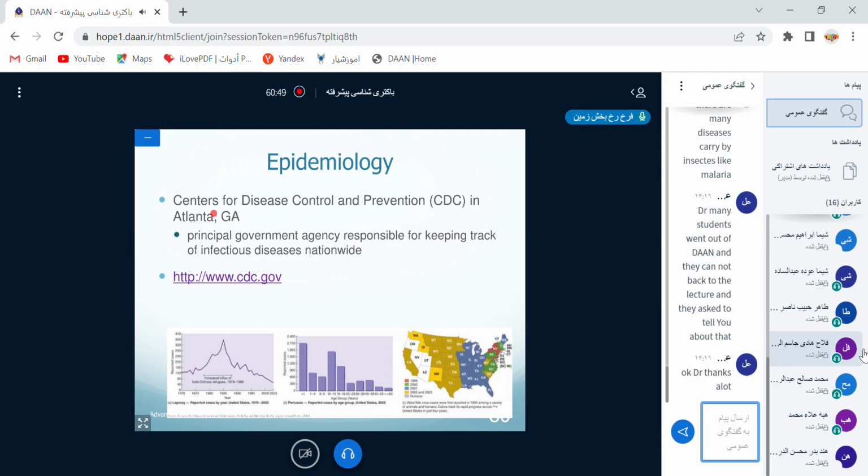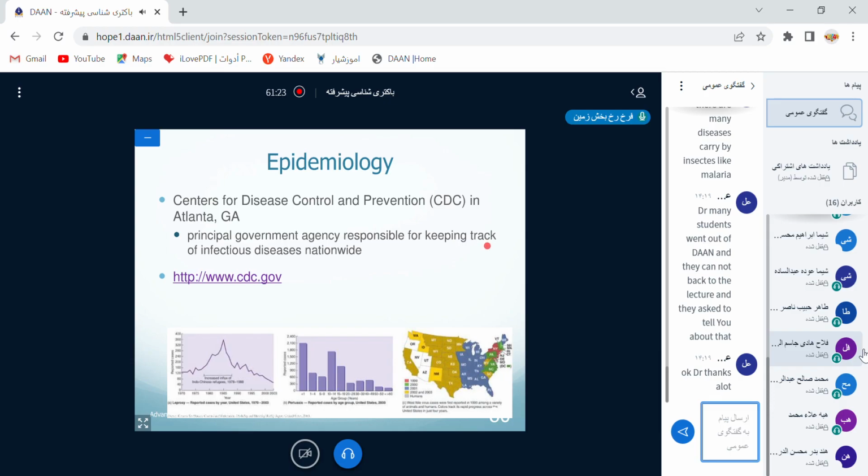For example, in the United States, the Centers for Disease Control and Prevention, CDC, is present in Atlanta. In all the other countries also, there are similar places like the CDC, which do programming for defense against these small tiny enemies.